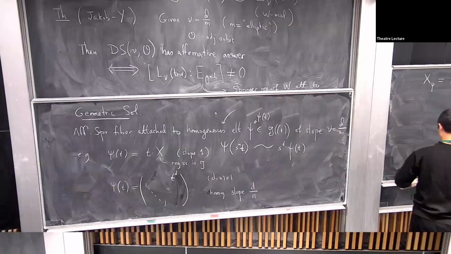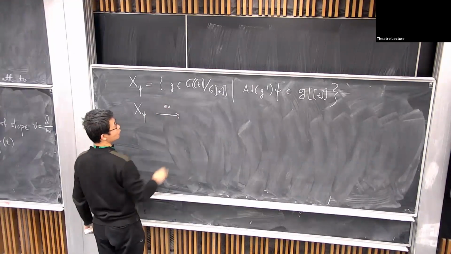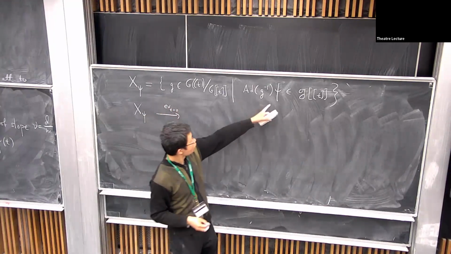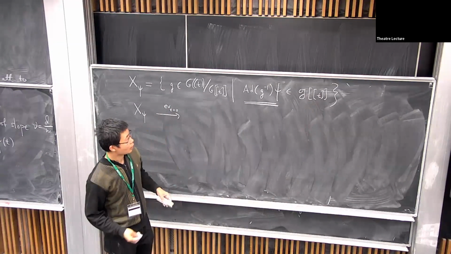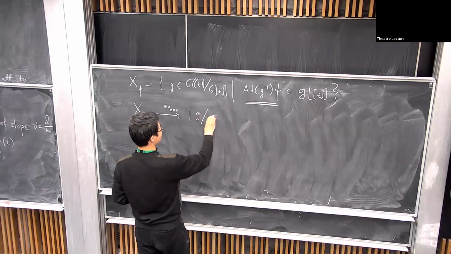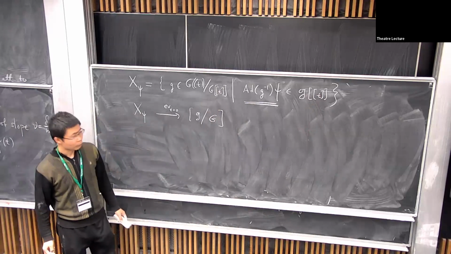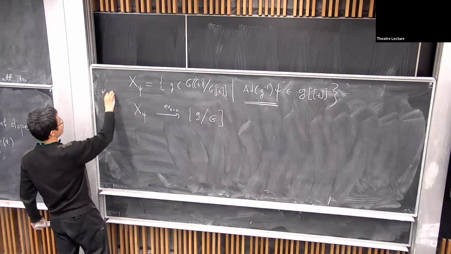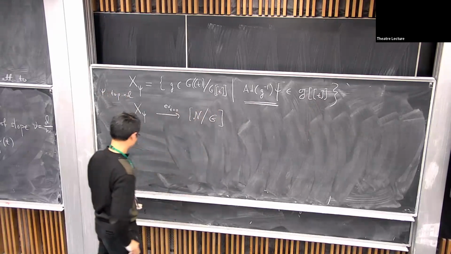And this variety has an evaluation map at t equals 0. If you have such a g, you can look at this element and just evaluate at t equals 0. You get some element in g, but it is only well-defined up to adjoint action of G. So there's a well-defined map to this quotient. In fact, if you start with psi that's topologically nilpotent, then this map will always land in the nilpotent cone.